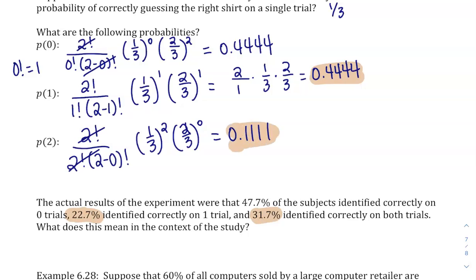We expected with random guessing that 11% of the time this would happen, and really it was 31.7% of the time. So what this means in context of the study is that some women really can determine which shirt was worn by their roommate. They can identify their roommate just by scent. Because 11% is what would have happened if she was just guessing, and 31.7% is a lot different. So some of these women are actually doing a pretty good job.